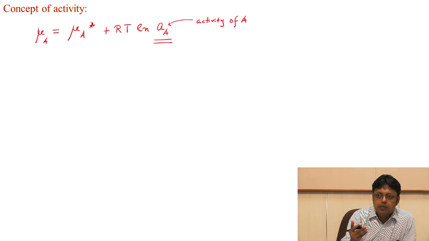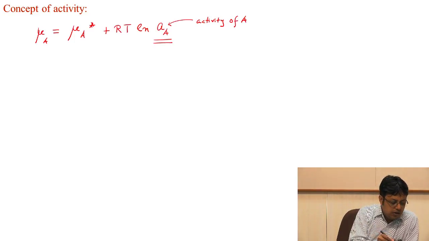Now, what do you mean by activity? So in Raoult's law, we could actually replace it. Activity is nothing but, in this case, PA by PA star, which was taken to be the mole fraction of A. That was Raoult's law.